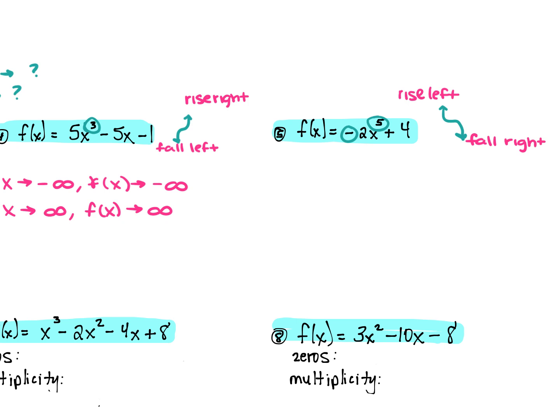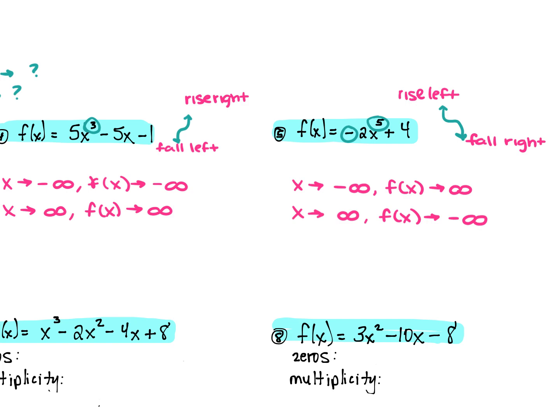And then you just give as x goes to negative infinity, f of x, or y, goes to, so as x goes to the left, y goes up, f of x will go to positive infinity. Then as x goes to positive infinity, so to the right, your f of x, or y, goes to negative infinity.